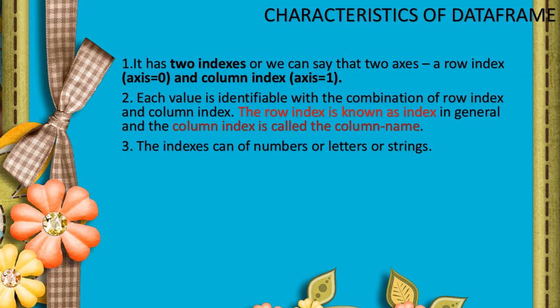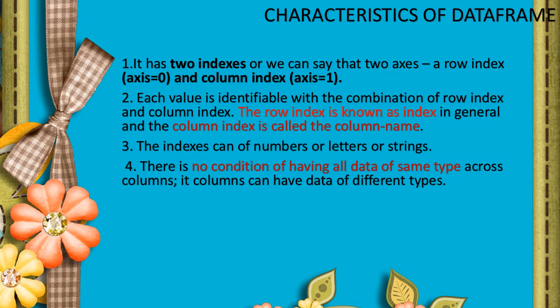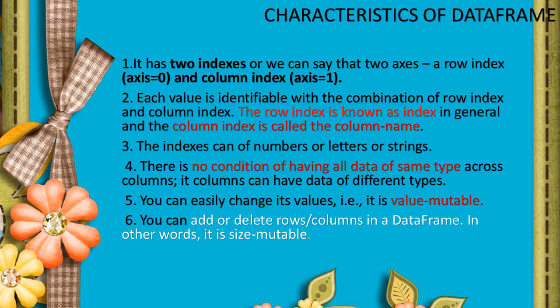The index may be a number, letter, or string, and there is no condition that all data be the same type. It is heterogeneous, so it contains different data. We can change the values and size, and we can easily add or delete rows or columns in the data frame.